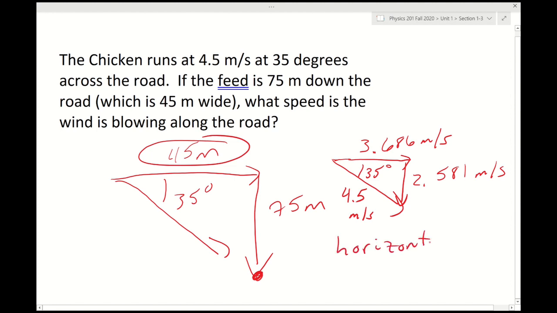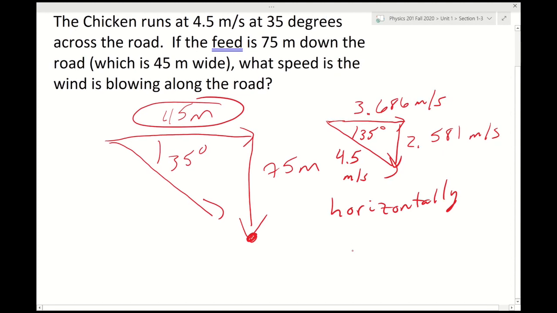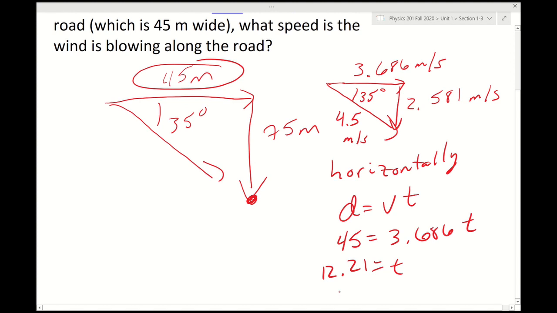So horizontally, based on my drawing, the chicken covers a distance in a certain amount of time: 45 meters at 3.686 meters per second. So it takes the chicken 12.21 seconds to cross the road.